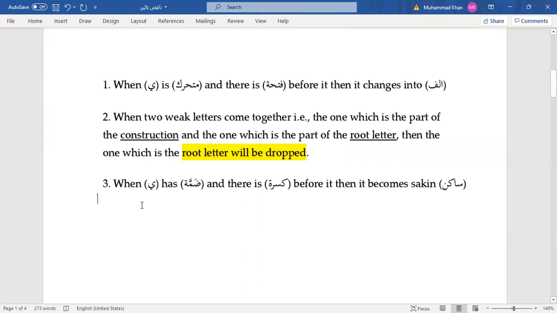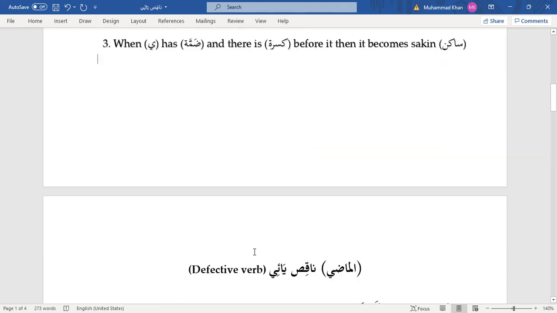When waw or ya are mutaharrik and there is fatha before it, they change into alif. Okay, you remember this rule? So the same rule is going to be implemented here when we talk about naqis ya'i.